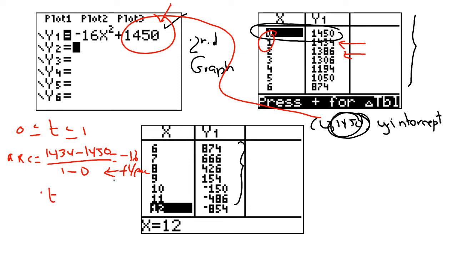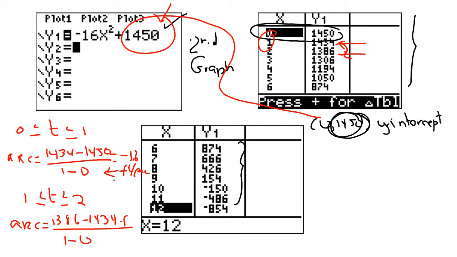With t between 1 and 2, the average rate of change, again, here will be 2 minus 1 in the denominator. And if I subtract 1386 minus 1434, let me just write it so you can see what I'm doing.